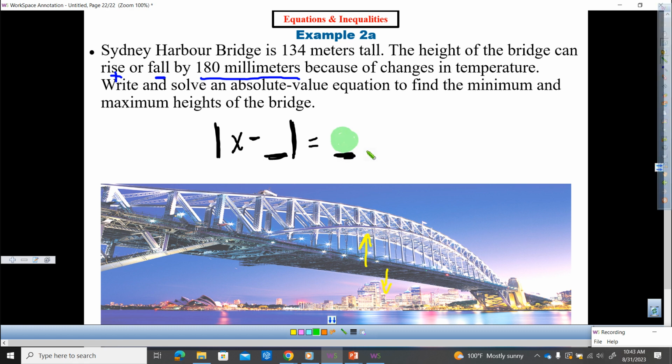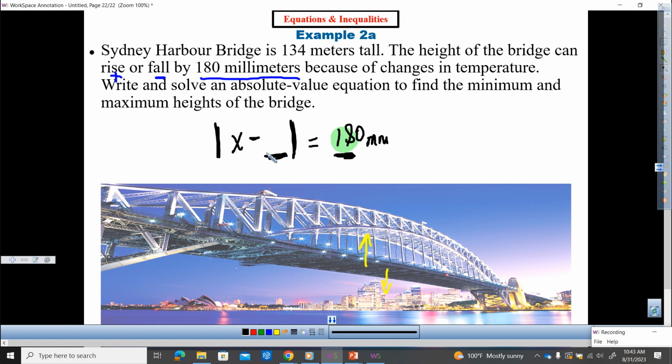Talk it over. What number goes there? Yes? All right, looks like Andrew's got it. Andrew, what number goes there? Yeah, that is correct. Write that in there. 180 millimeters. Why? Because the 180 is the plus and the minus. That's when we do the two equations.